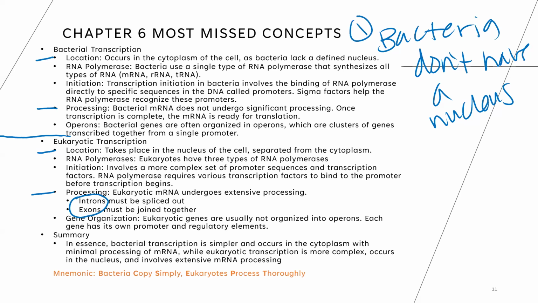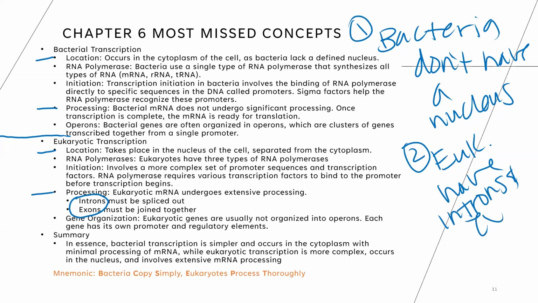We'll put that one as number one. And number two biggie is going to be eukaryotes have introns and exons. And then you would, of course, need to remind yourself that those introns need to be cut out. We'll join the exons together to make a workable functional mRNA.